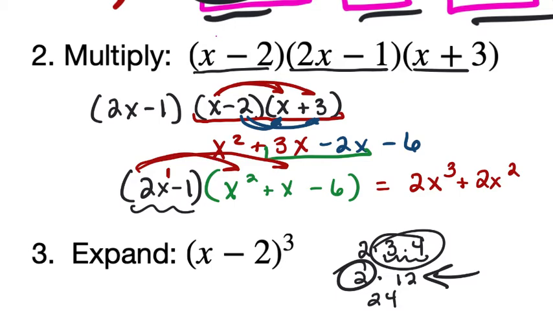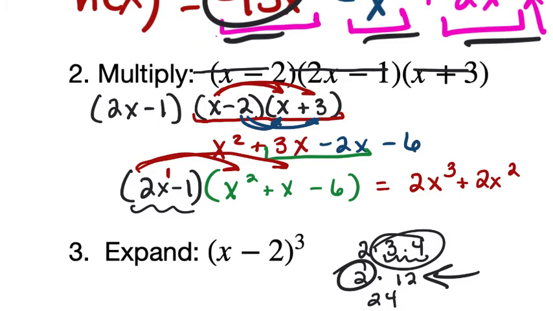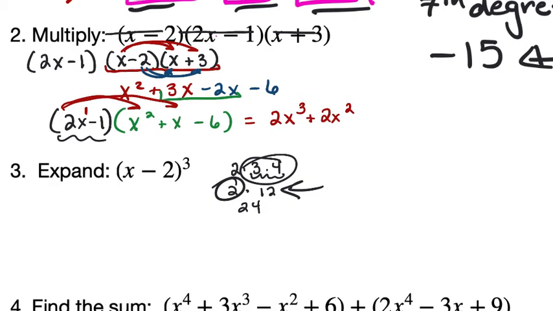Let's group all of that together. All right, so I've distributed my 2x and got 2x cubed, distributed 2x to x and got 2x squared. 2x times negative 6 is negative 12x.